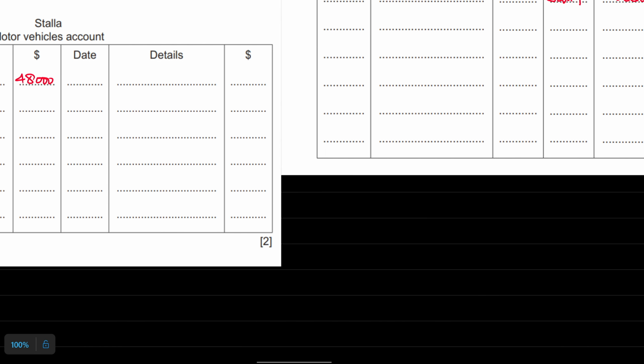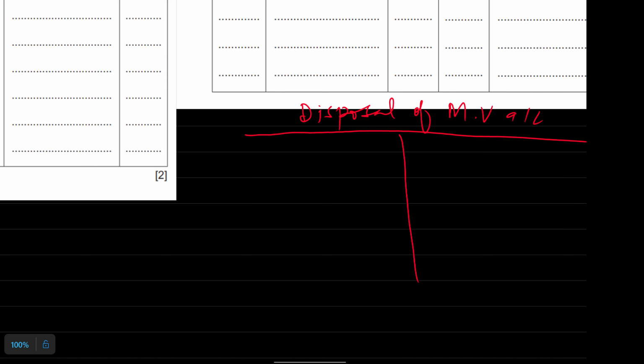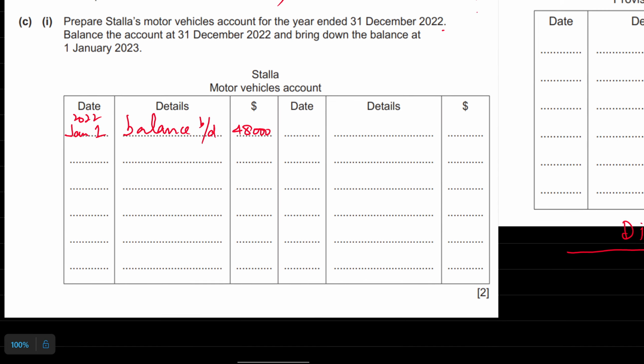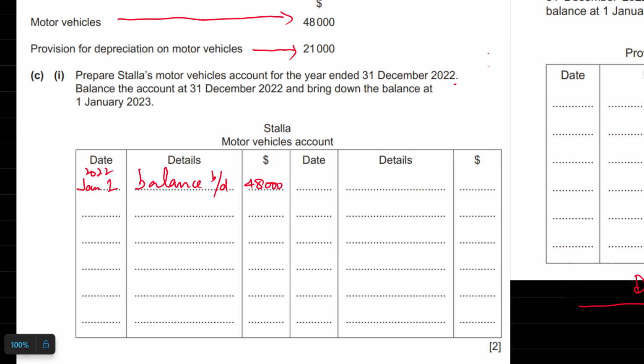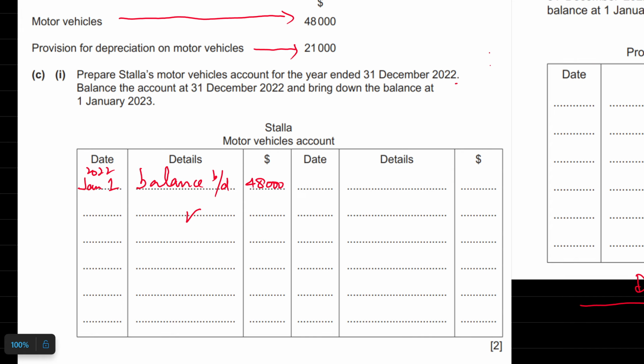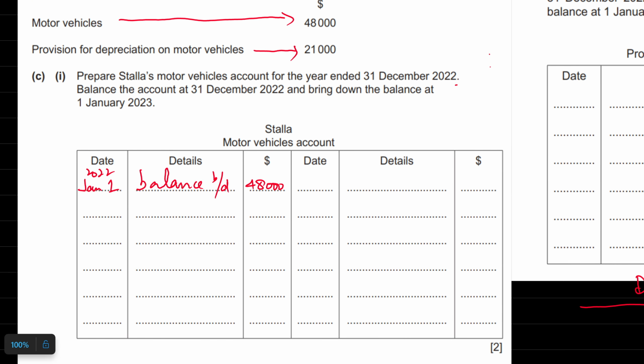Students, in this question they already required us to calculate profit or loss on disposal. We didn't prepare any disposal account, but you might be asked to prepare a disposal account. Disposal of motor vehicle account. So students, whenever an asset is bought, it will be debited, because no asset was bought, that's why there will not be any debit entry.